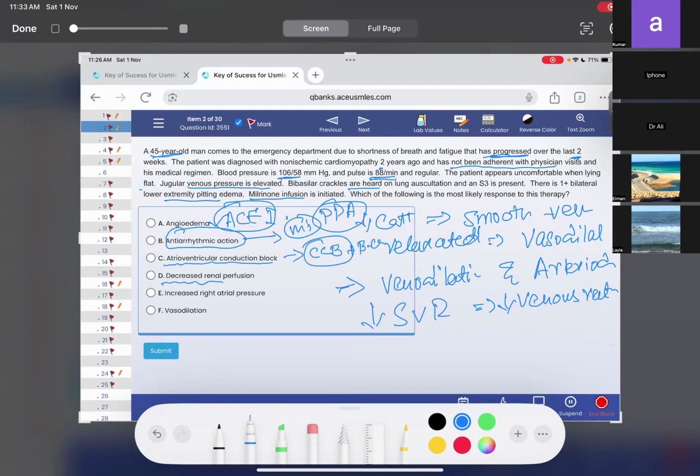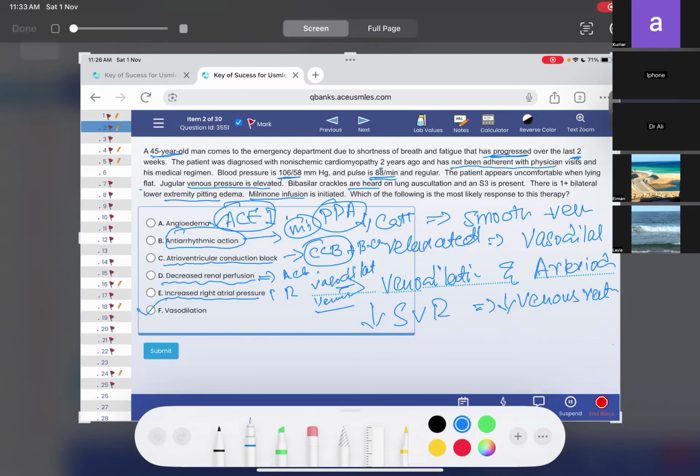And decreased renal perfusion is caused by ACE inhibitors. And increased right atrial pressure means increased venous return. So it is a vasodilator. It does not cause venoconstriction, so this is also not. So the correct option here is vasodilation. Okay, doctor. Clear, everybody?